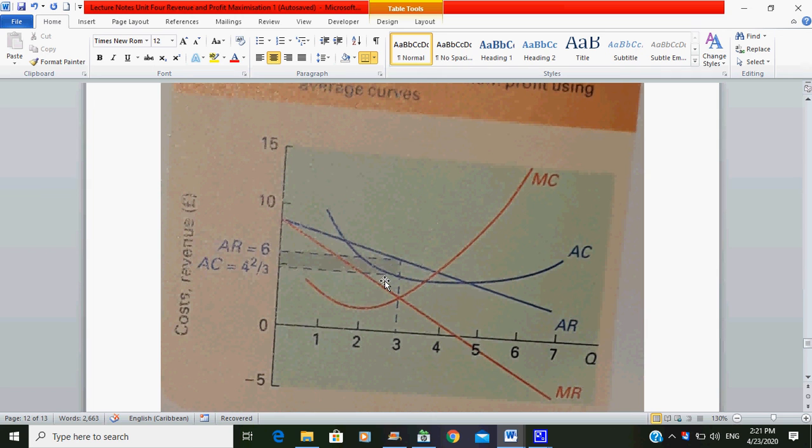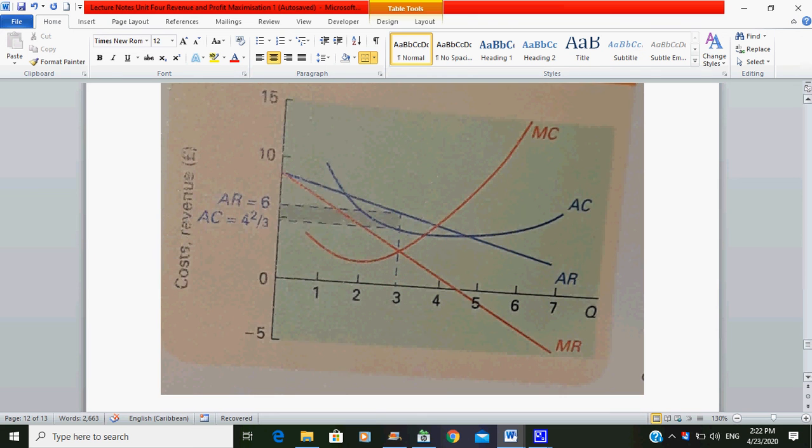So you plot the curves and then draw them up, and you get this diagram, alright?